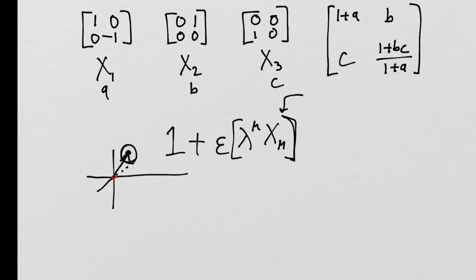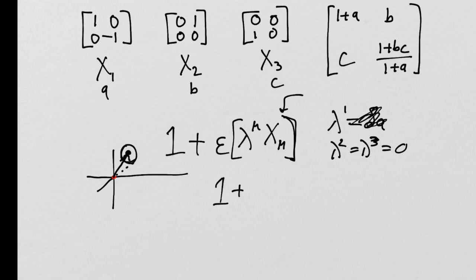So for example, if we took lambda 1 to equal some small number, and lambda 2 equals lambda 3 equals 0, then the new matrix would be 1 plus epsilon lambda 1 x1.